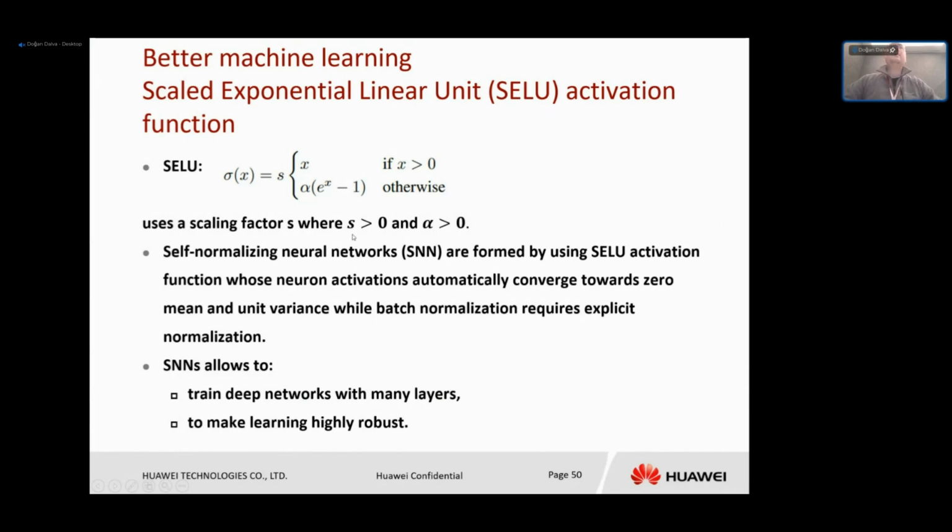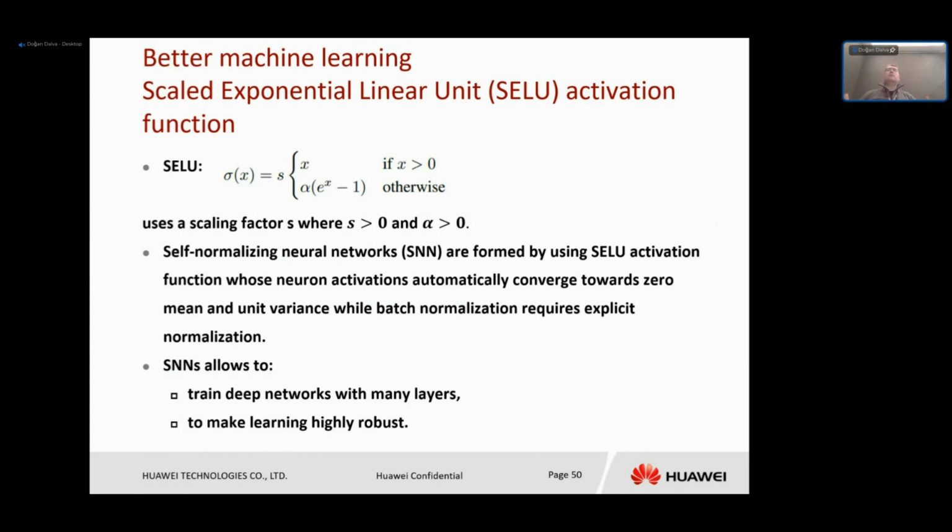Using the SELU activation function, we obtain self-normalizing neural networks because it is found that the neuron activations converge towards zero mean and unit variance. So this means that we don't need to use batch normalization to convert the mean and the variance.